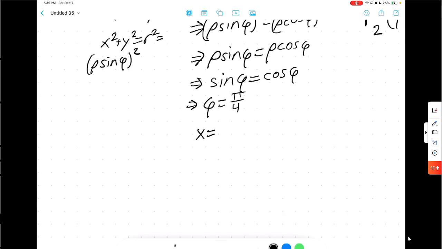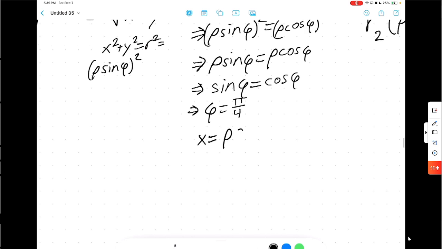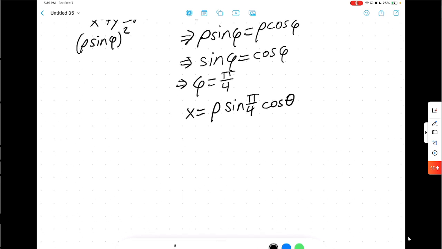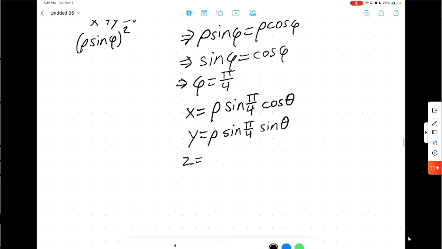Now all I have to do is plug this into the parameterizations, so I only have 2 variables instead of 3. x is rho sine of pi over 4 cosine theta, y is rho sine of pi over 4 sine theta, and z is rho cosine of pi over 4.